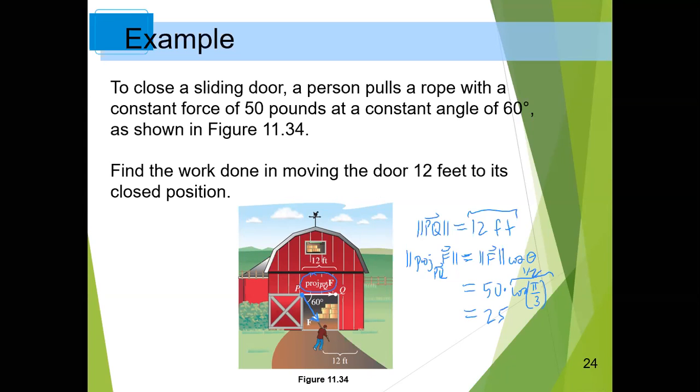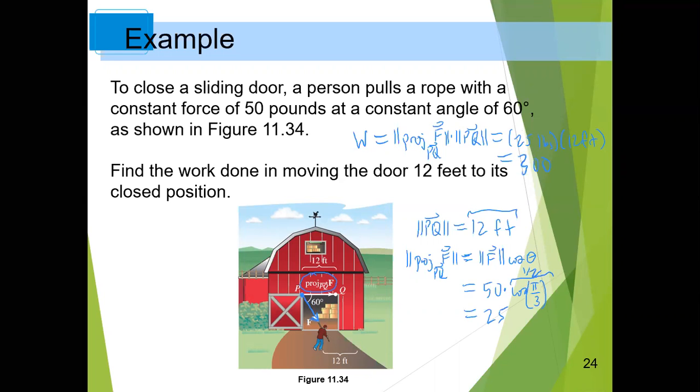So what is the work? It's going to be the length of the projection of F onto PQ times the length of PQ. It's 25 pounds times 12 feet, which is what?